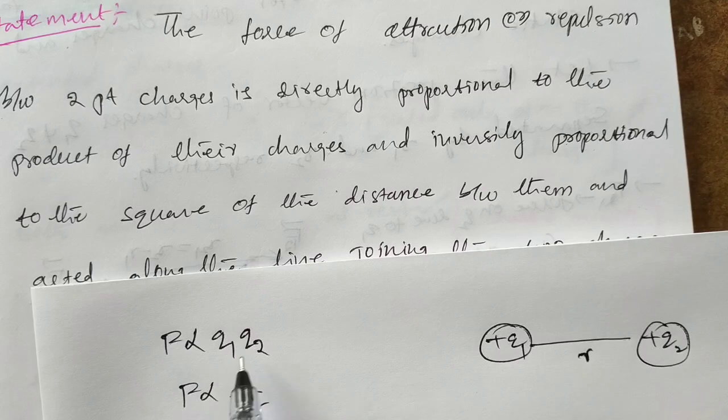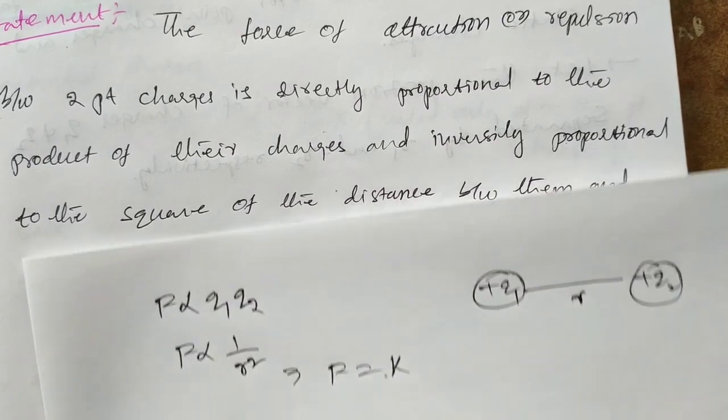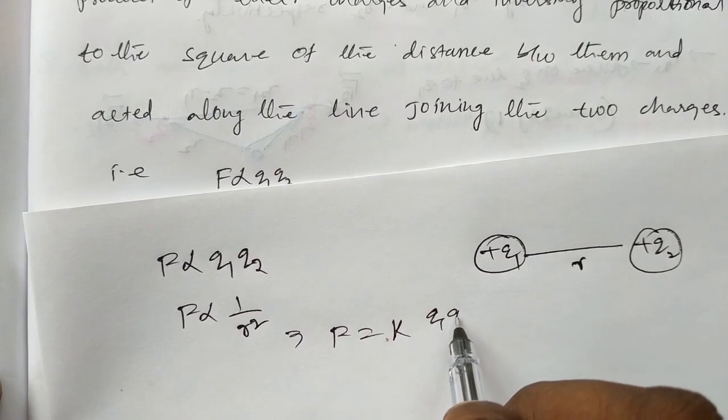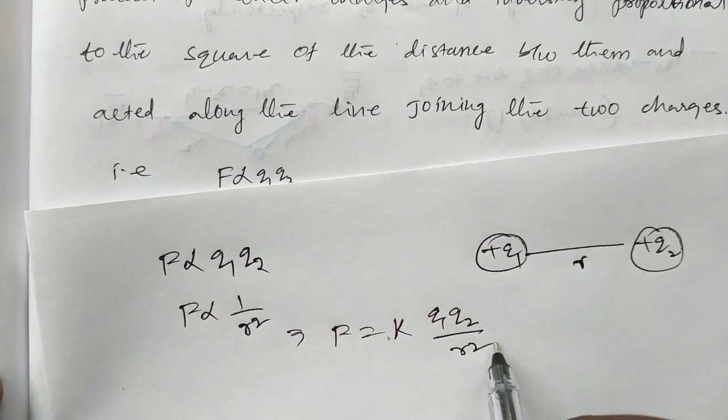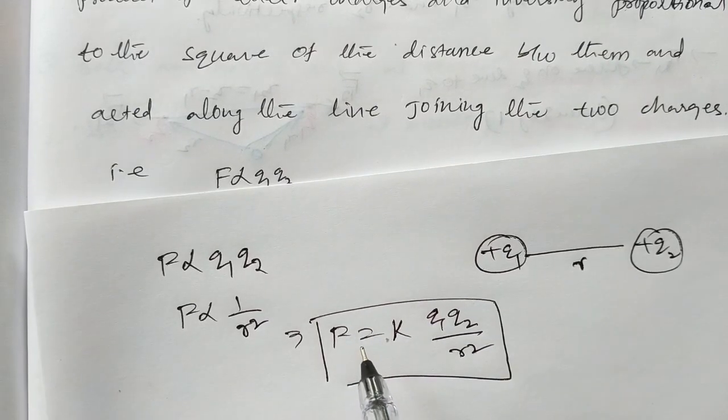Comparing from this, we can write the force F is equal to K Q1 Q2 by R square. This is the Coulomb force.